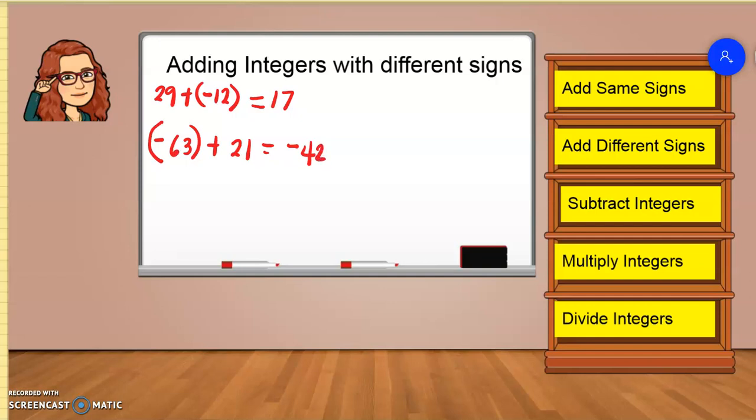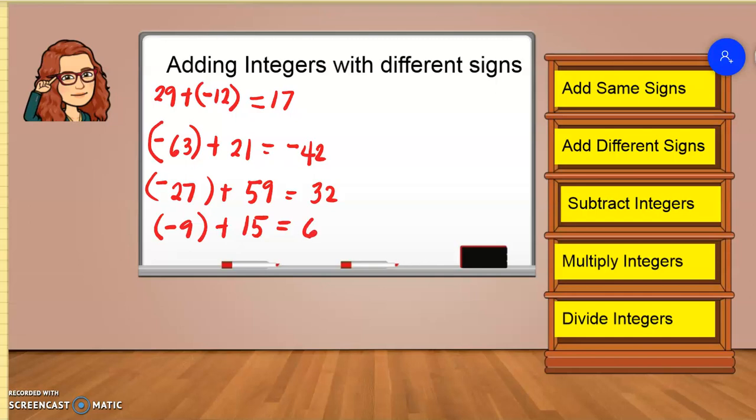Another example, if we have here negative 27 plus positive 59, the answer will be positive 32. One more. If we have here negative 9 plus positive 15, the answer will be positive 6.